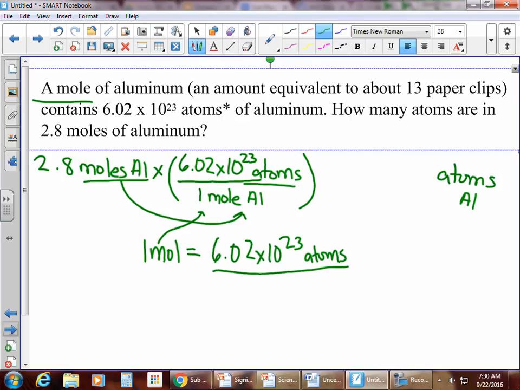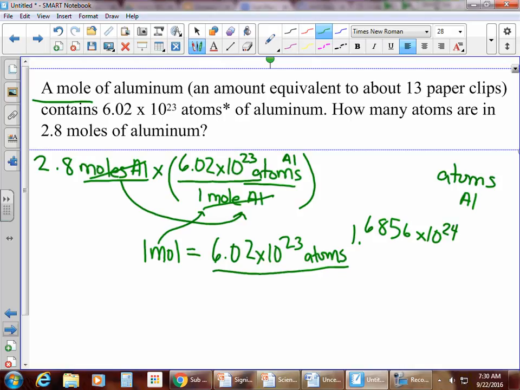Moles of aluminum cancel each other out. I take 2.8 times 6.02 times 10 to the 23rd on my calculator, and I get 1.6856 times 10 to the 24th atoms.